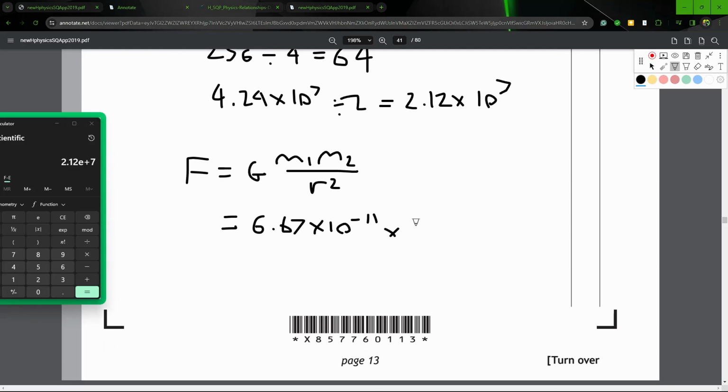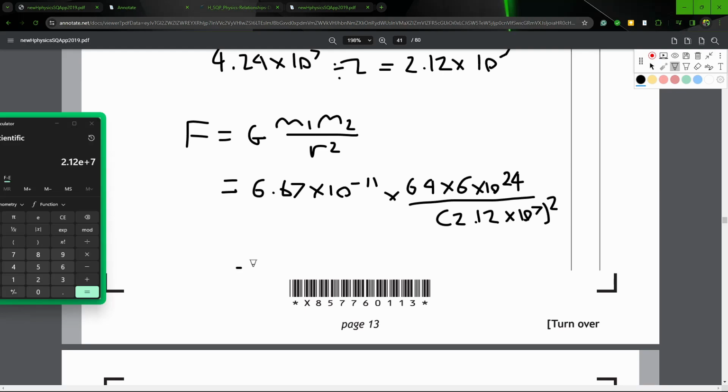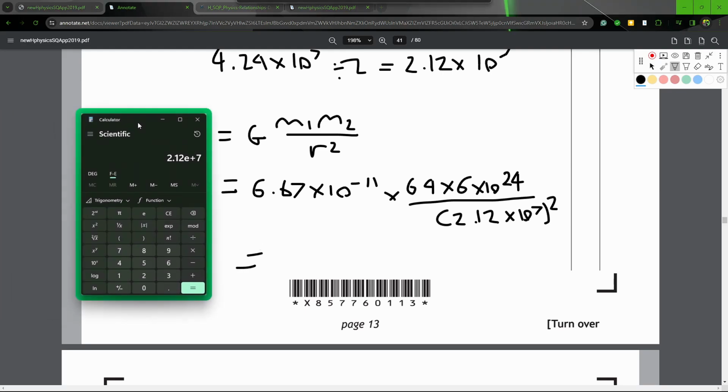And then the mass of the Earth will stay the same. There we go. And then we just shove this all in our calculator.